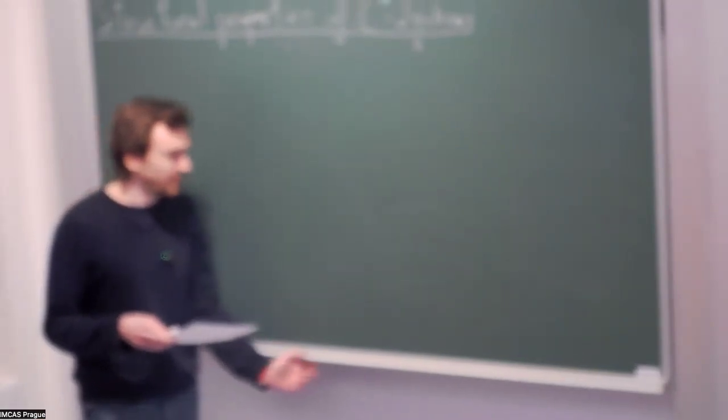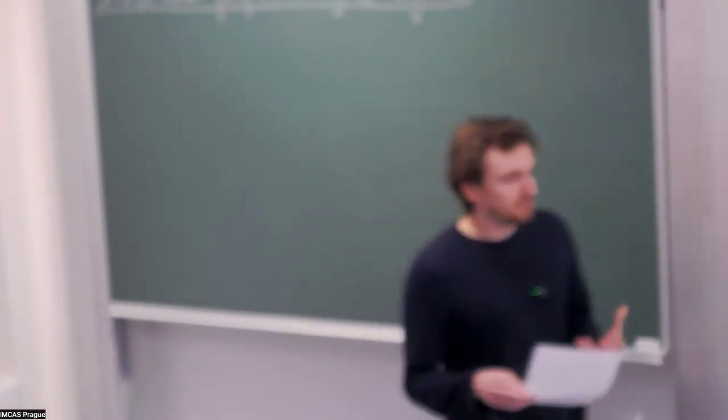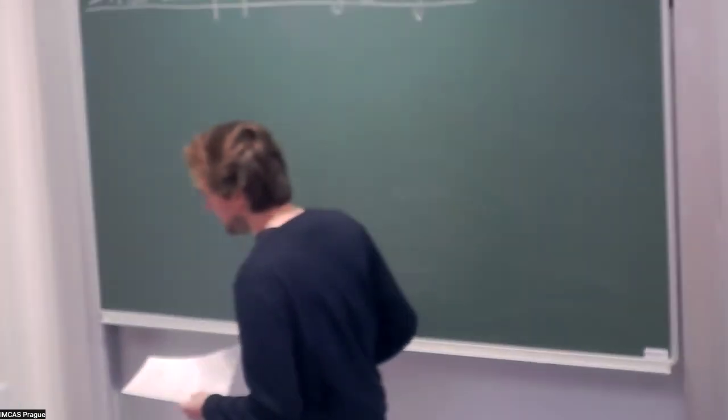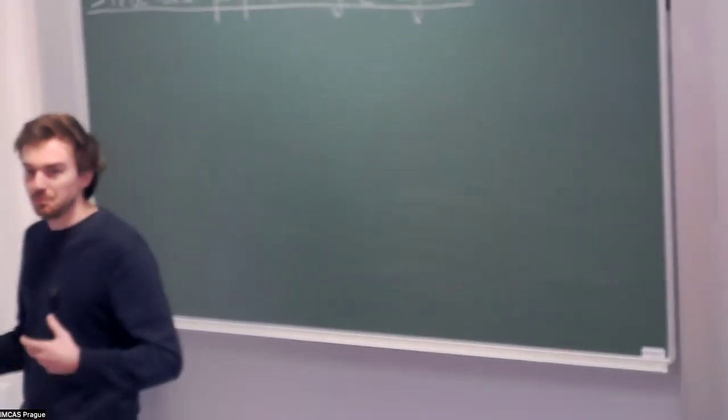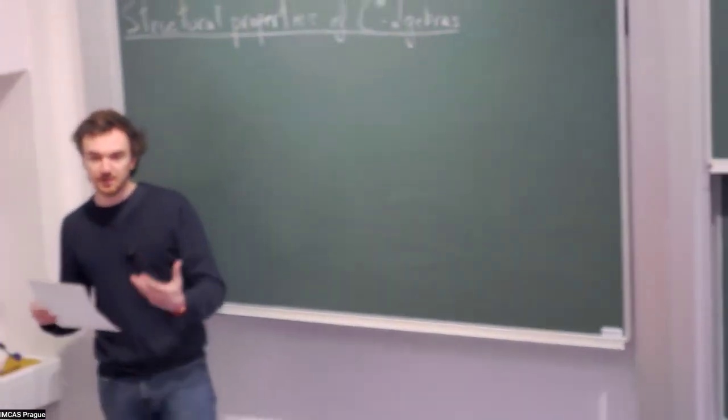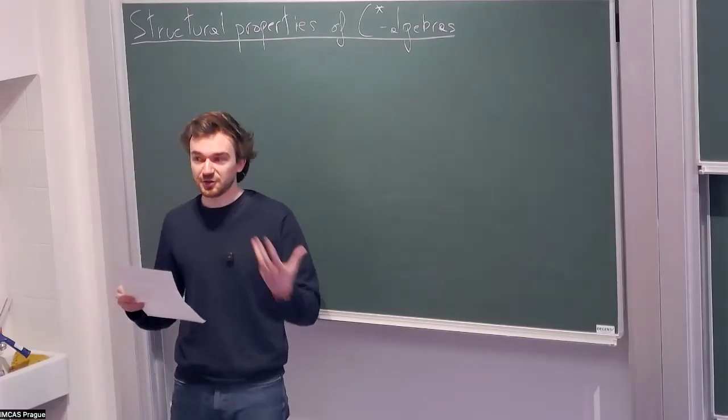And so the starting point is, okay, how can we analyze the structure of certain C-star algebras based on them embedding somehow in a nicer C-star algebra that we can understand?